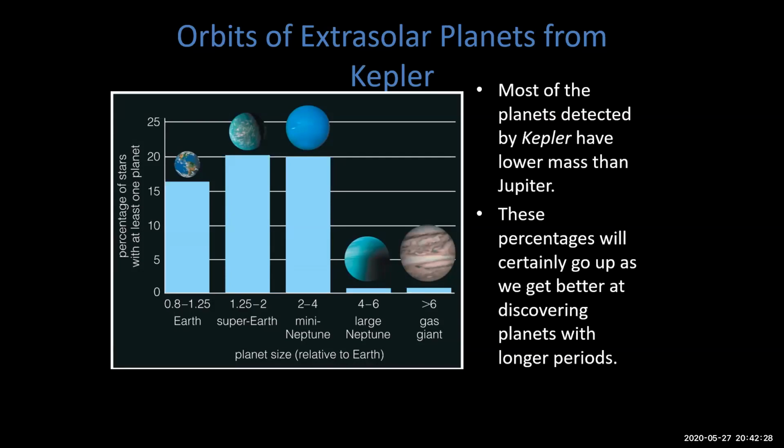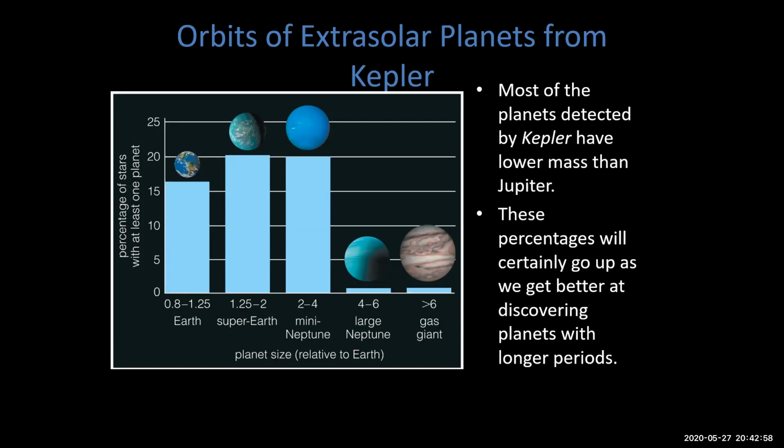So when we look at the distributions of the planets that we have detected, something has popped out. It seems that the Earth, super Earth, mini Neptune sized planet is extremely common, and the giant planets are actually much less common than expected.